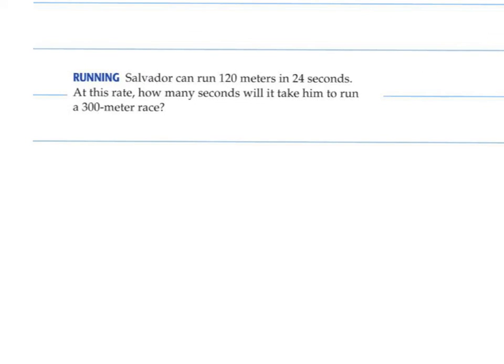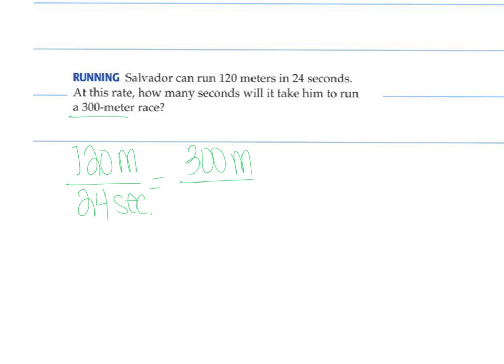Salvador can run 120 meters in 24 seconds. At this rate, how many seconds will it take him to run a 300-meter race? So 120 meters over 24 seconds, and then I'm given 300 meters, so that means I put my 300 meters up here and my n seconds.